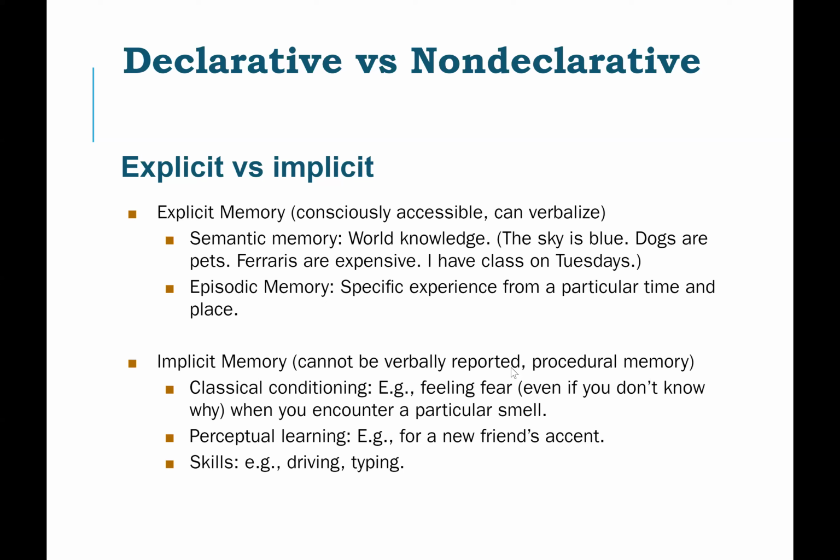Implicit memory cannot be verbally spoken. An example is classical conditioning, like fear conditioning. You could do memory experiments with, let's say, rats. They are in these metal cages, and they walk around. Maybe they smell an odor that the experimenter is interested in testing, or they hear a certain sound.